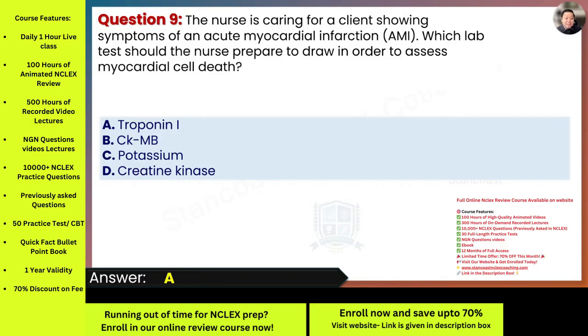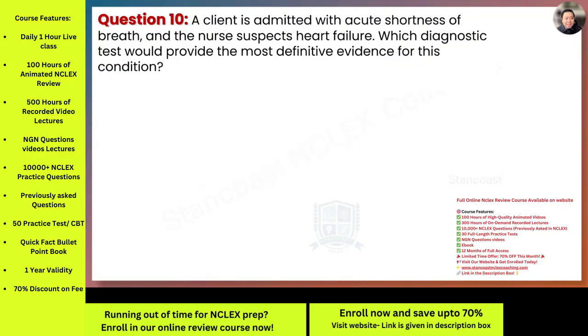Whereas the CKMB peaks earlier, but it is less reliable over time. And I want you to keep in mind that the potassium and CK are also not specific to diagnose myocardial infarction directly.